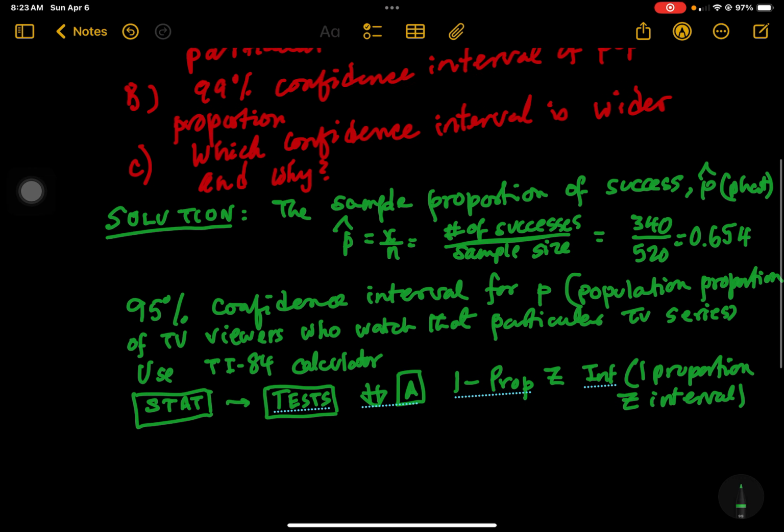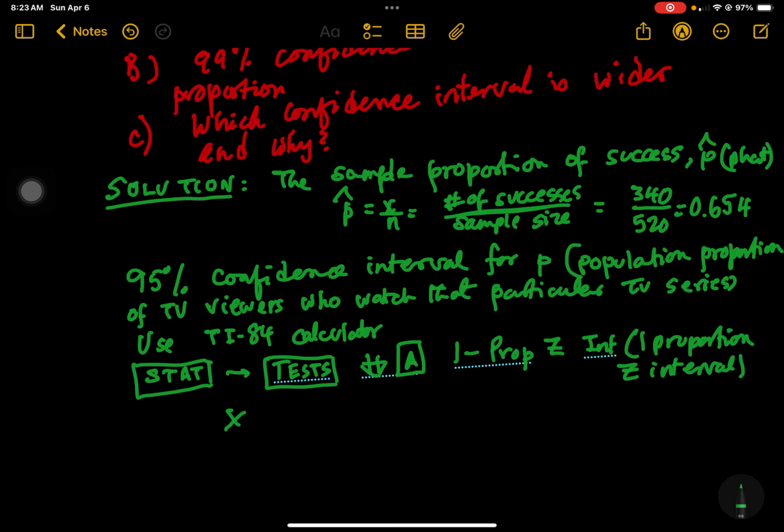Okay. So next it asks for our X, which is the small number, which we just now did, 340. N is the sample size, which is the large number, N is 520. And the C level is 0.95. Usually the calculator is set as 0.95. If it is not so, change it or type 0.95 after the C level.